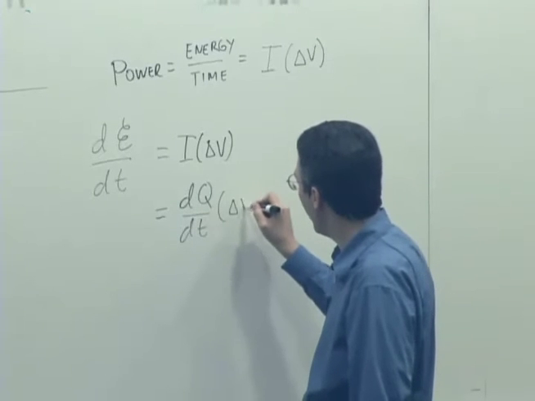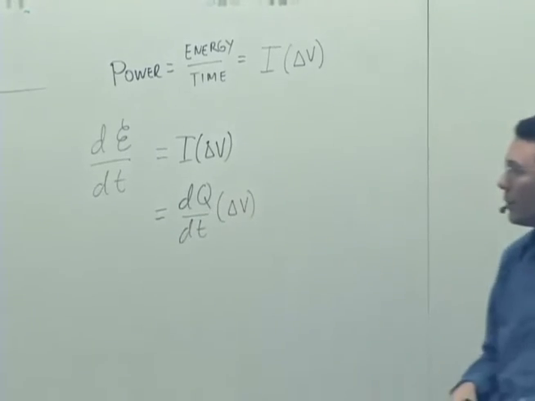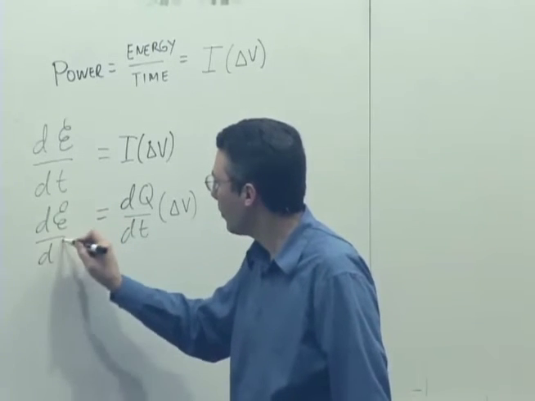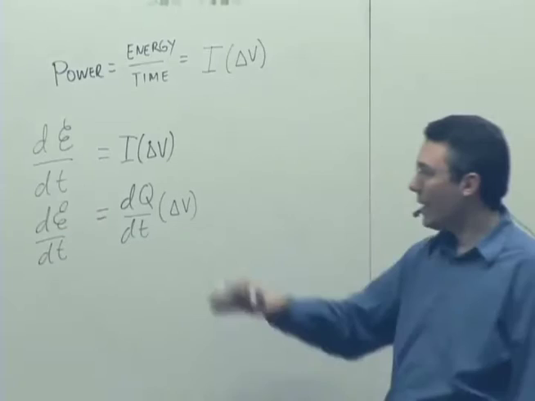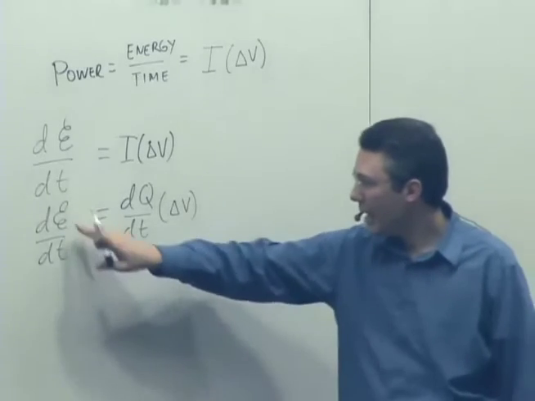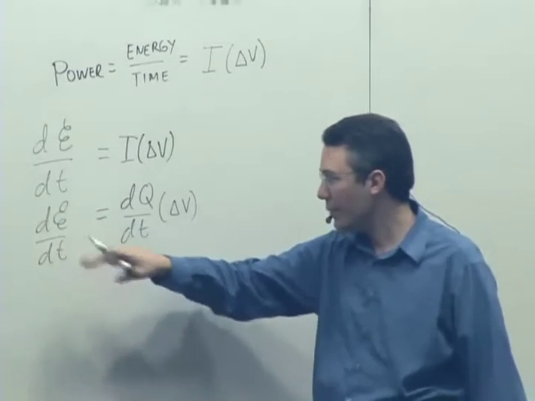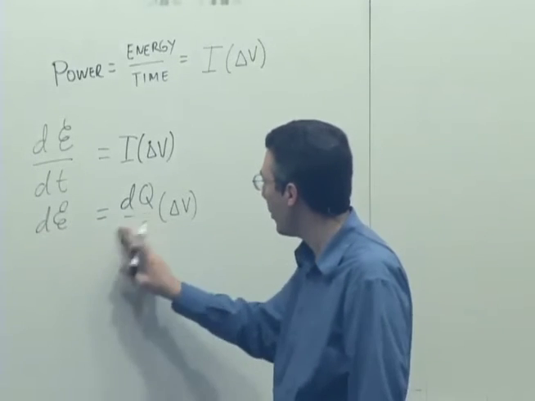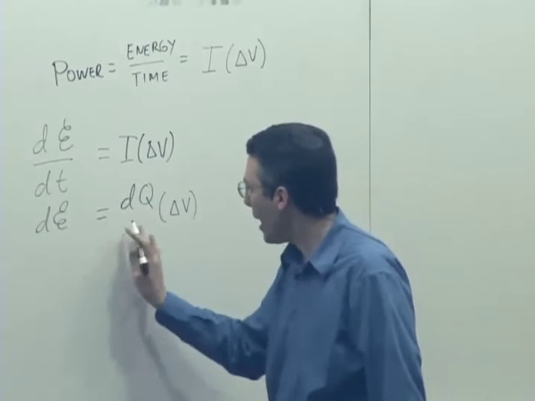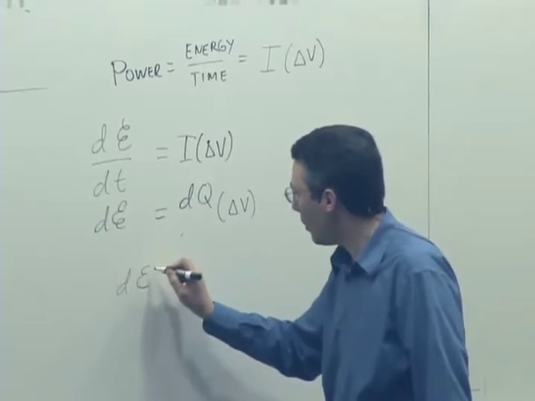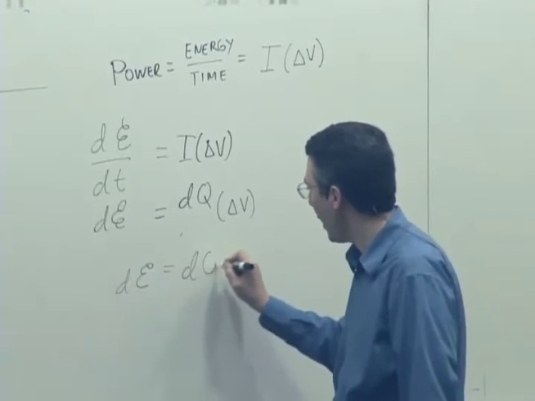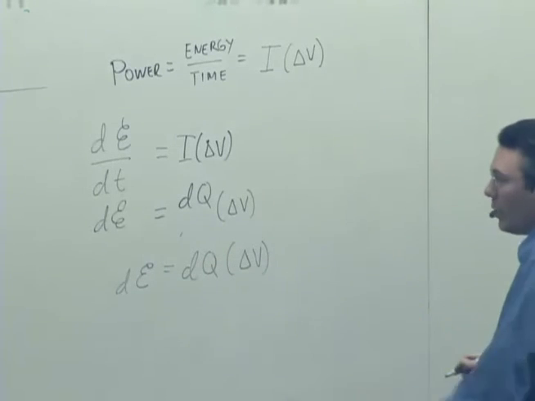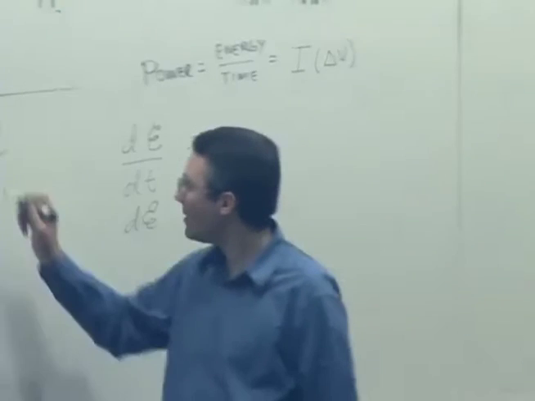That's the rate of charge flow, coulombs per second. And so if I want to get the amount of energy, I can integrate over time, or essentially do the antiderivative here, and just think about the differentials. Essentially, the dt's go away on both sides. And so we have a small amount of energy being equal to a small amount of charge times the delta V.